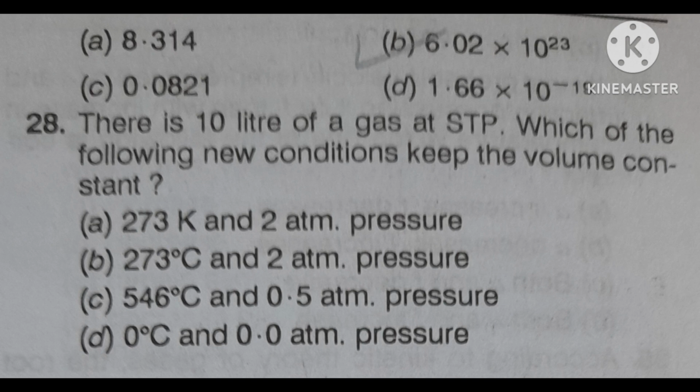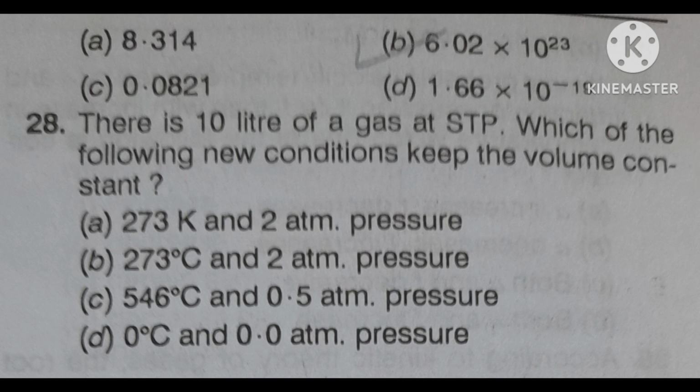Here you have to use the formula P1V1 upon T1 is equal to P2V2 upon T2. But here, according to the question, V1 is equal to V2.